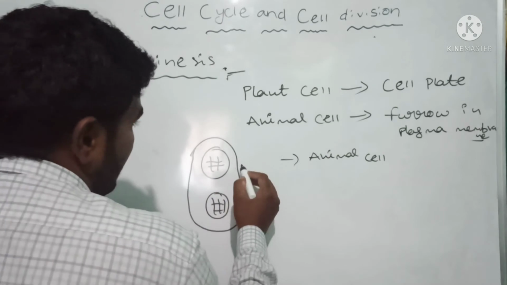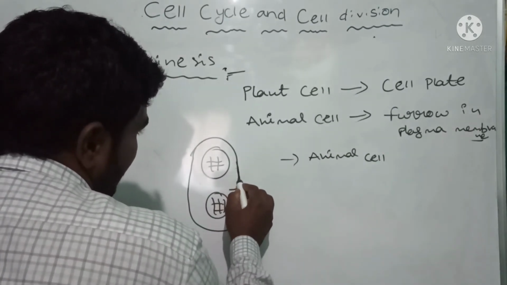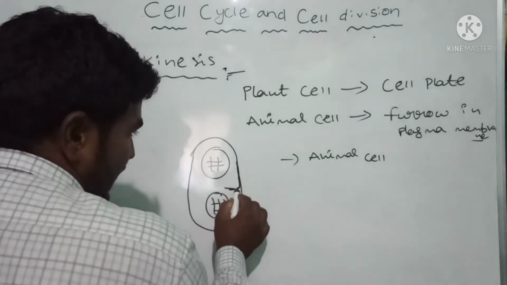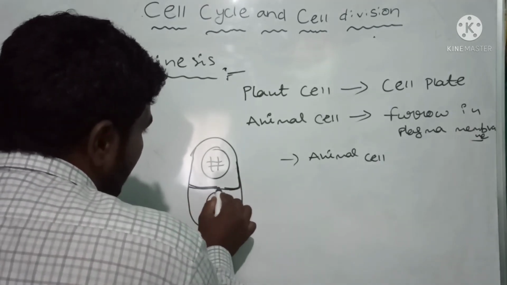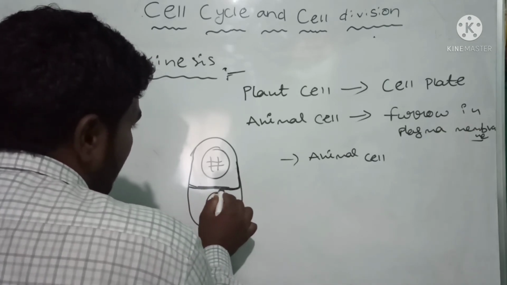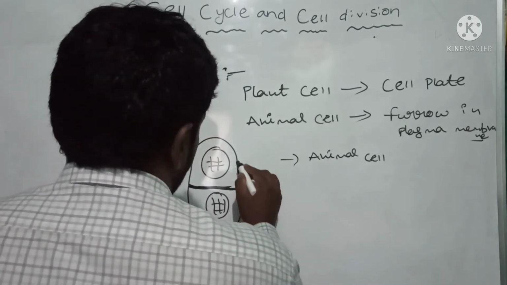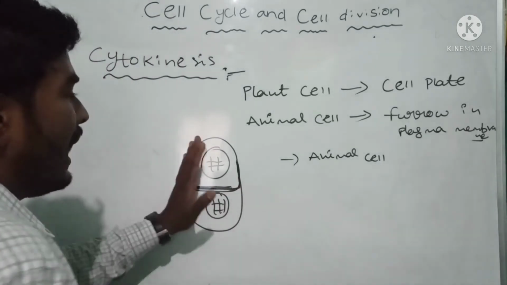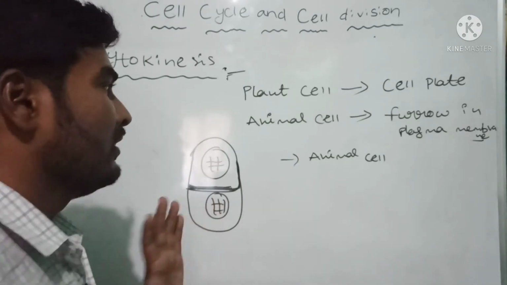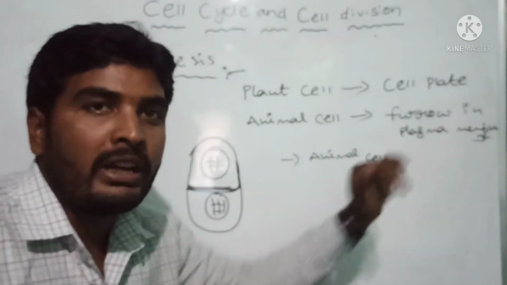In animal cells, cytokinesis occurs by a furrow in the plasma membrane.